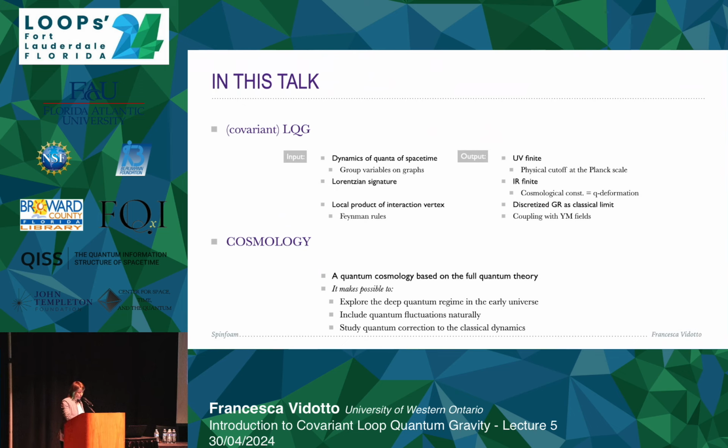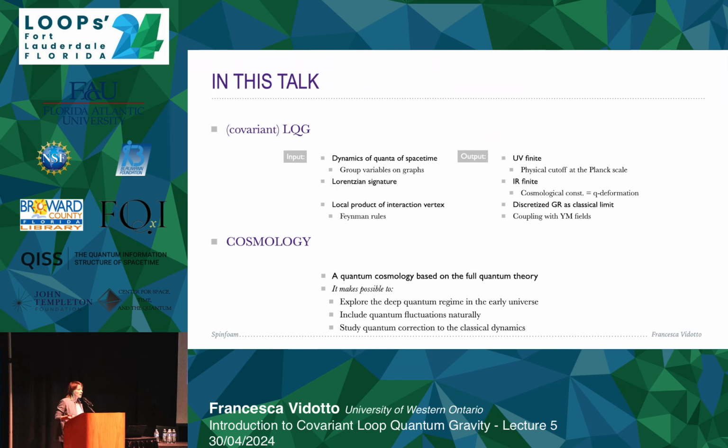And of course, this poses a problem because while before I told you that in loop quantum cosmology, what you can do is to evolve some wave packets, and you can see how the wave packets evolve through the bounce.